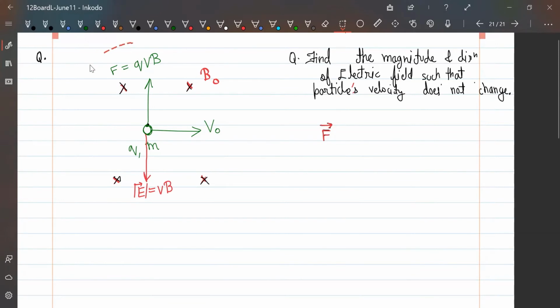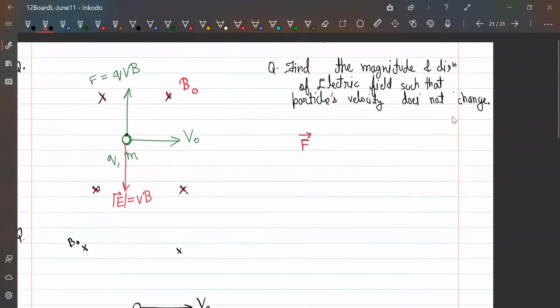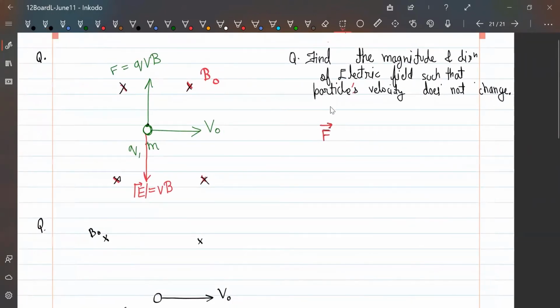Okay. Repeat this question if the charged particle is negative. So negative charge particle, mass is the same. Magnetic field is into the plane everywhere, and charged particle is moving with velocity v naught. You have to find the direction of electric field and also its magnitude.